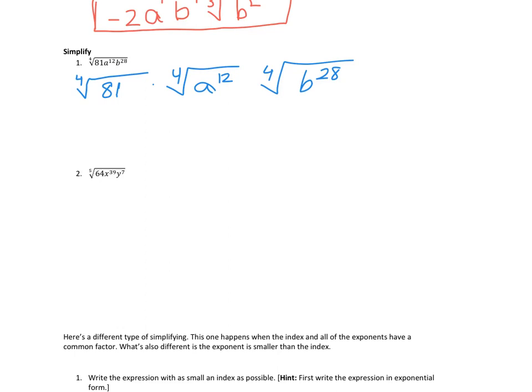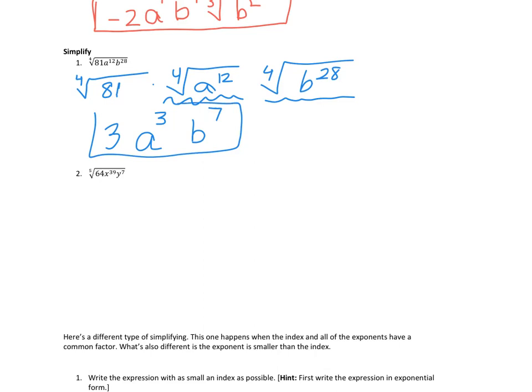The fourth root of 81 is 3, because 3 to the 4th is 81. A to the 12th divided by 4 is a cubed. And then b to the 28th divided by 4 is b to the 7th.